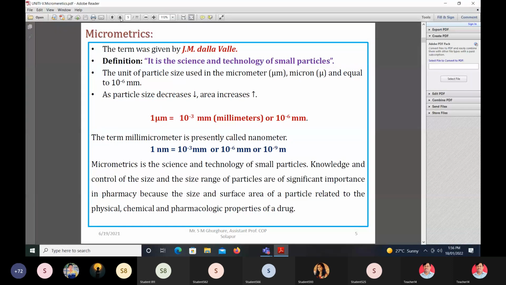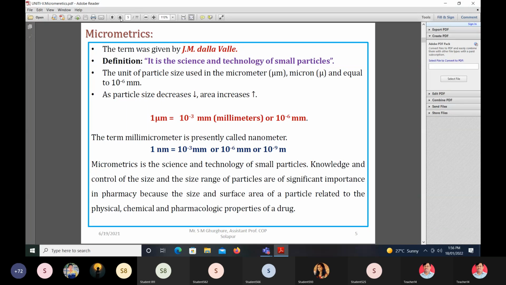Micromeritics is also defined as the study involving the fundamental and derived properties of an individual powder sample, as well as the collection of particles.